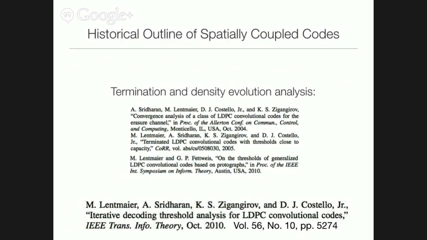And I remember that I think it was already in 2004 that Costello told me that they actually have much better thresholds. But quite frankly, when I heard it at that time, I thought that this simply was a programming mistake. Because the first thing you hear about convolutional codes is that the initial state goes away, right, within one or two connection widths, right?